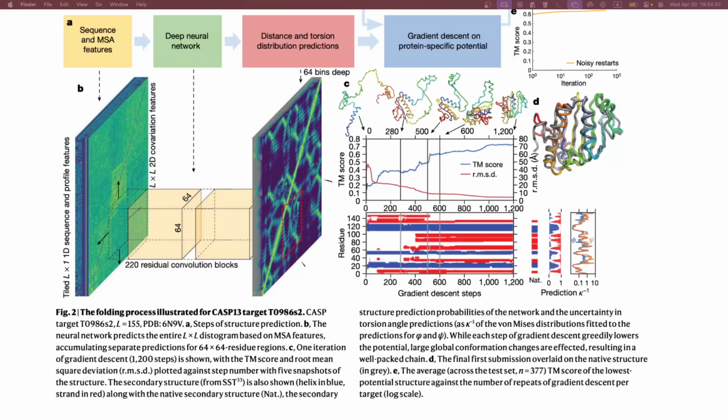The target is a quantification of the distance between the C beta atoms of the residues, or C alpha for glycine. We divide the range 2 to 20 angstroms into 64 equal bins. Then the input to the network consists of a two-dimensional array of features, which we talk about later. Earlier, it's just for the deep neural network.